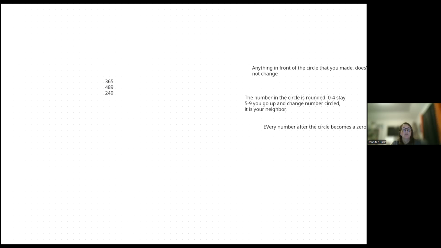So we're going to round based off of this 3, 4, 2, okay? And we're going to create our place value chart. Hundreds, tens, ones. And we're going to say rules over here, same rules.